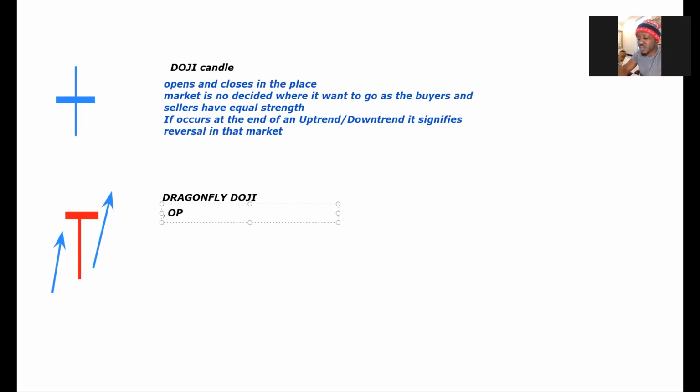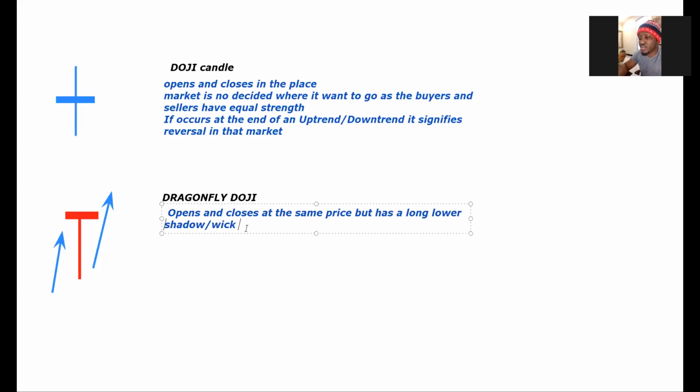It opens and closes at the same price, but has a long lower shadow or wick. So that's how you're going to identify it.